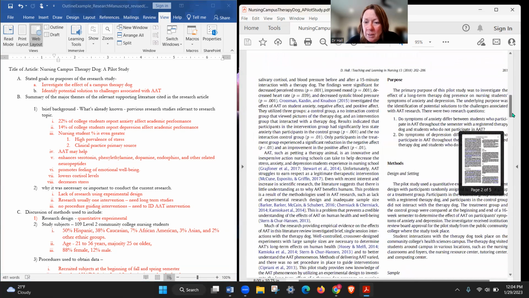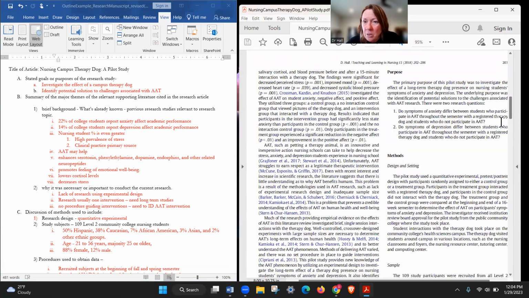So if you scroll on down a little bit further, you can usually find, before the methods section starts, the purpose of the study. There might be an individual section like this one that says purpose, or it might be at the end of the background, but still it'll say purpose, and then it'll tell you what the purpose of their research is. So this one was to investigate the effect of a campus therapy dog, and then to identify any challenges associated with animal-assisted therapy.